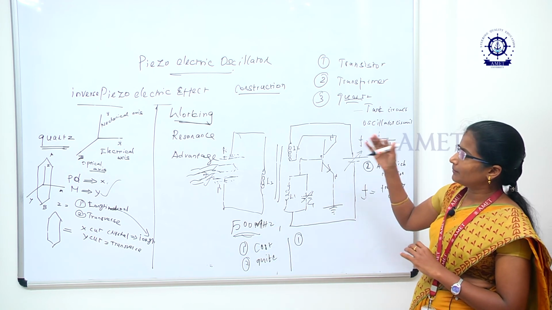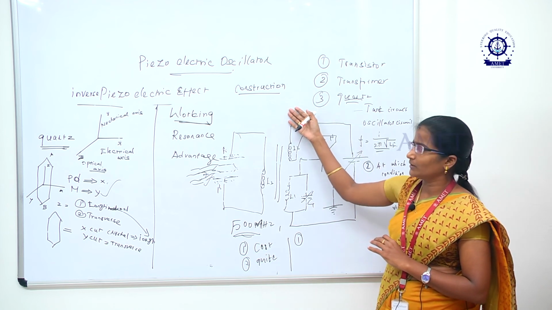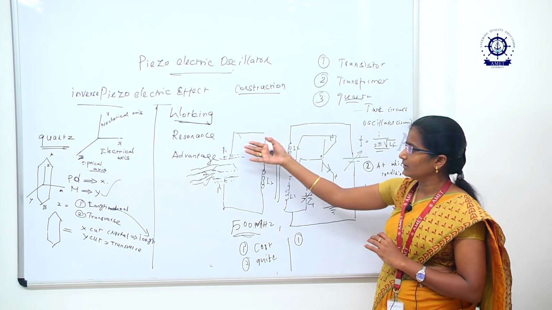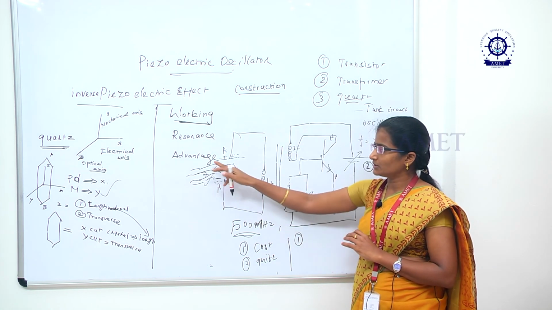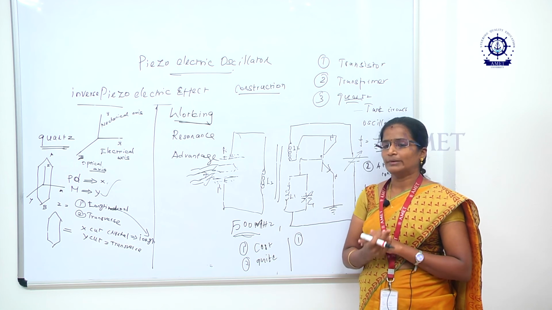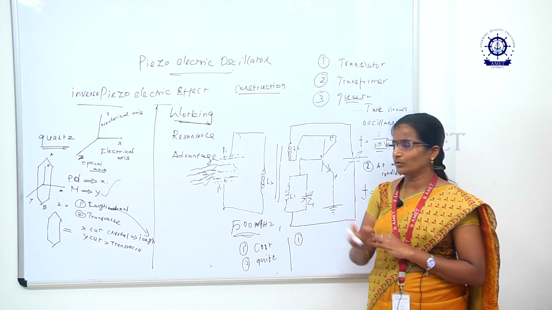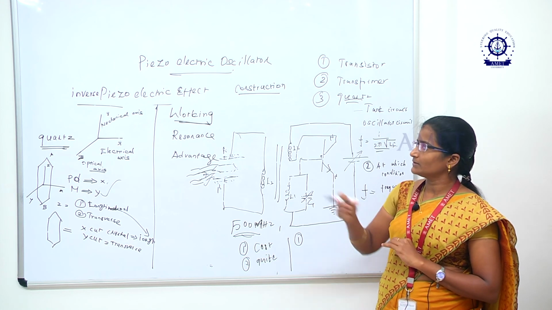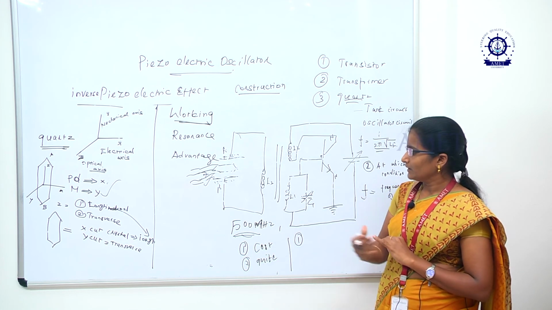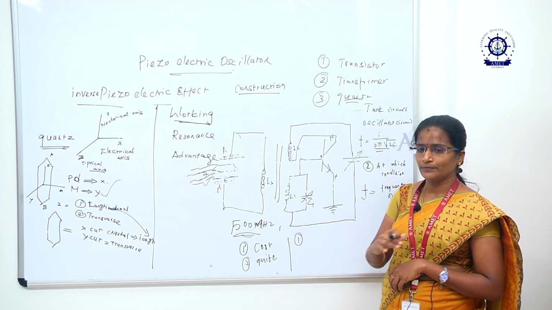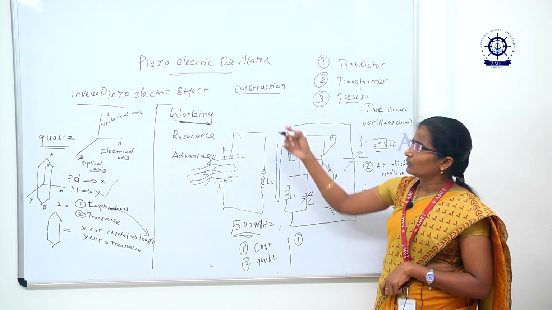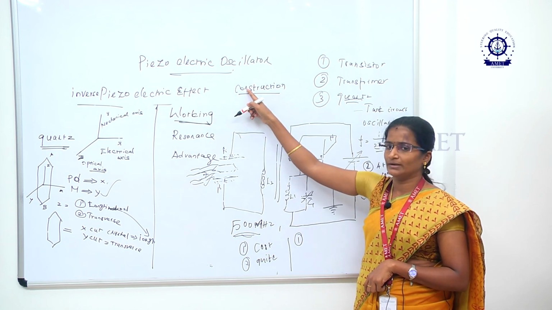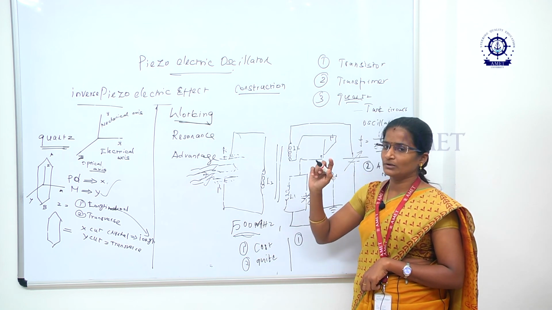So, this is the basic idea about this piezoelectric oscillator: the construction, what the resonance point is, and what the advantages are. The main learning objective of this topic is how we can produce ultrasonic waves by this piezoelectric oscillator. At the end of the session, I hope you all know what the piezoelectric base is, and the main principle of this piezoelectric oscillator, that is the inverse piezoelectric effect.